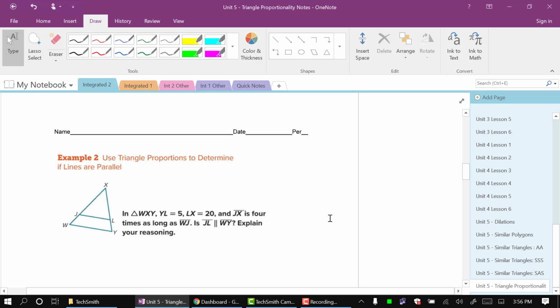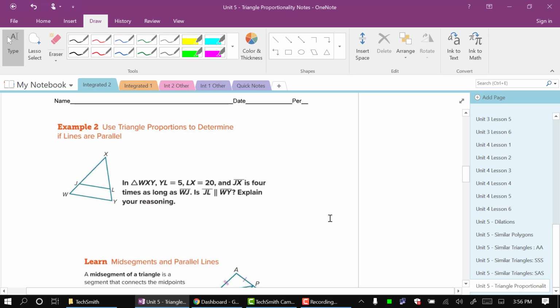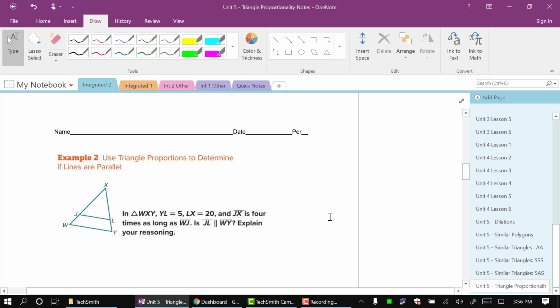Example 2, we want to use triangle proportionalities to determine if the lines are parallel to each other. So we need to show that WJ and JX is equal to YL and LX.